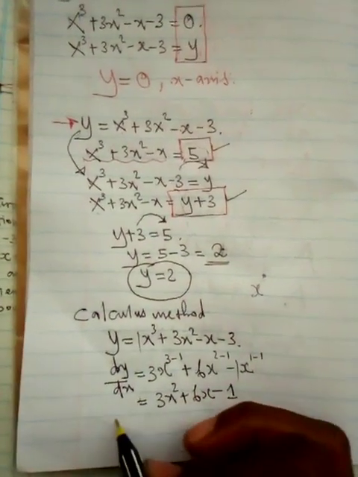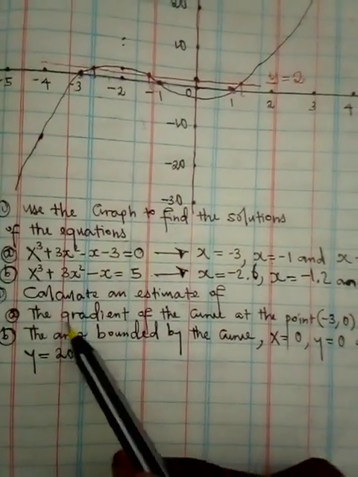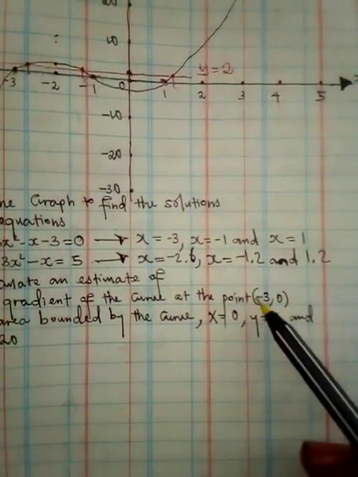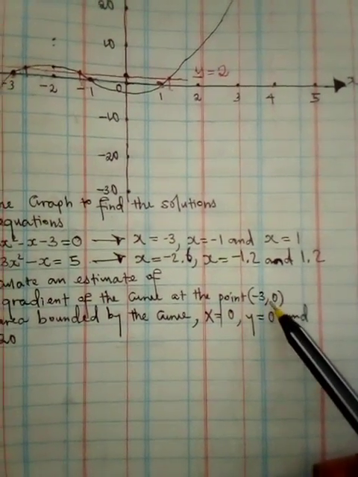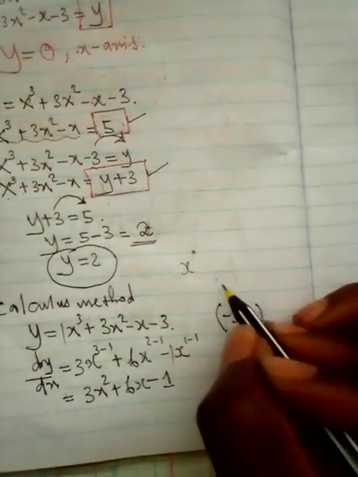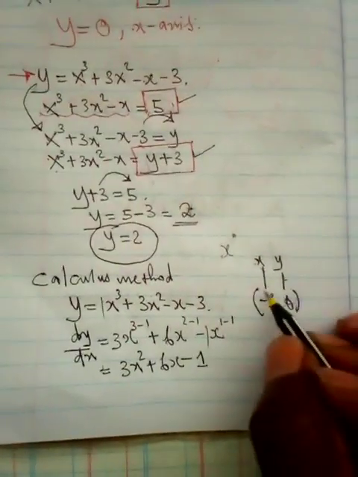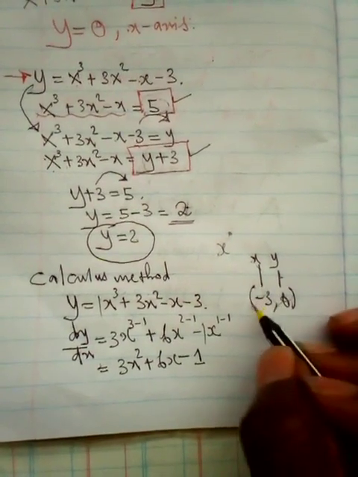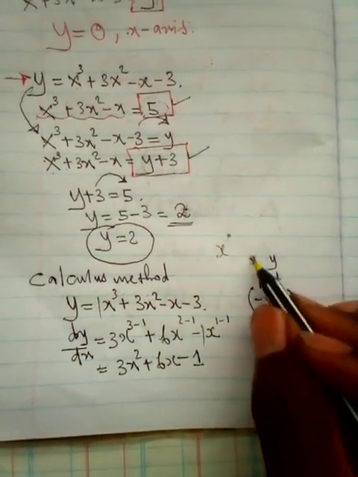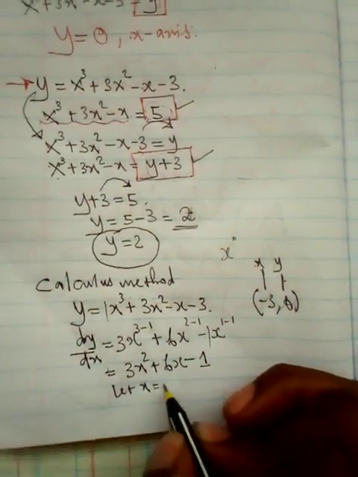Now remember, you have been given a point: the gradient of the curve at the point -3, 0. This is your x value, this is your y value. Remember, in the previous video we were using our x value to determine the gradient. So your x here is -3. In your answer, you can say let x be equal to -3.